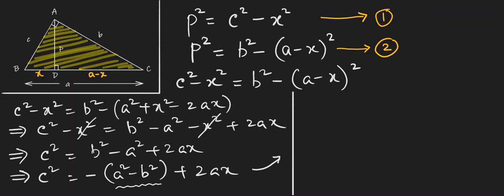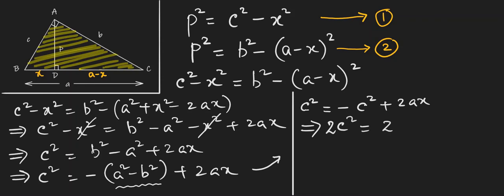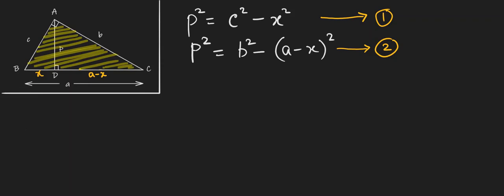So this equation then becomes C square is equal to minus C square plus 2AX, or 2C square is equal to 2AX. We can cancel 2 on both the sides, or we can write this as X is equal to C square divided by A. Let this be equation 3.